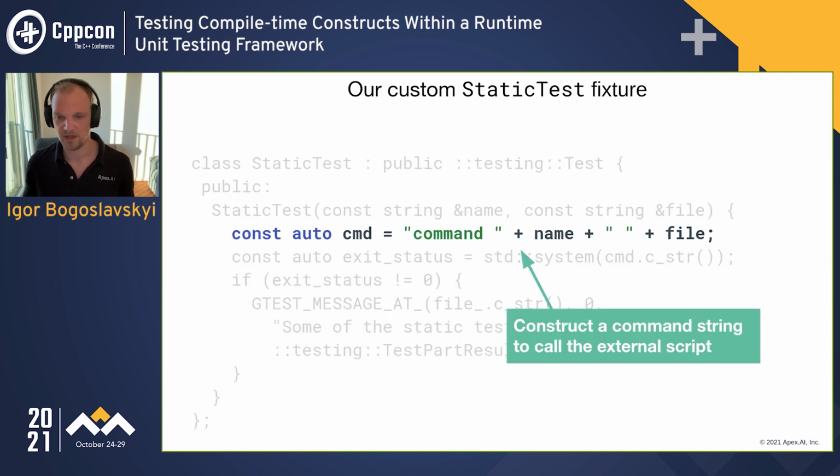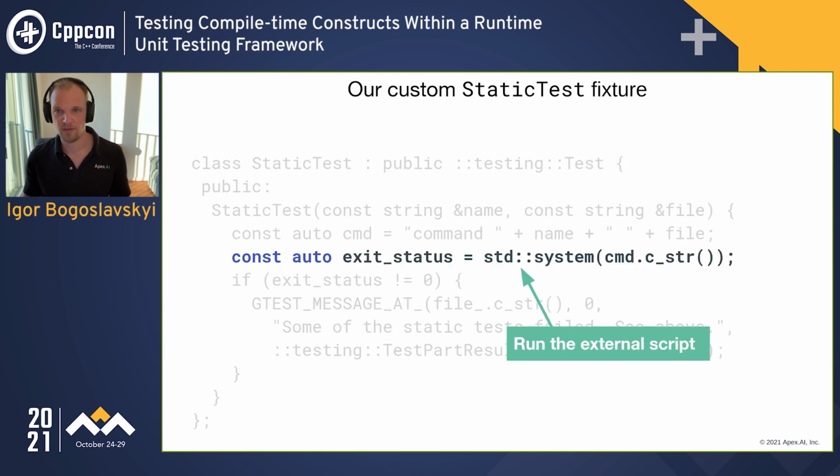It constructs a command string that calls some external script. In this particular situation I just called it command, but in reality it is a Python script in the background. Then it runs it, in this case with std system, but if you have your own fancy runner, you can also do that.